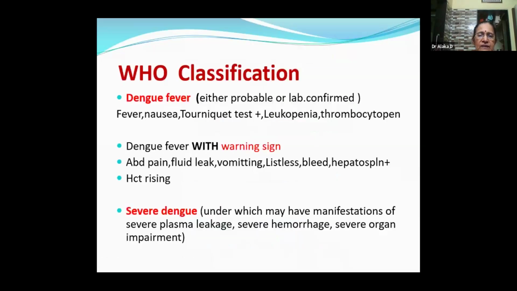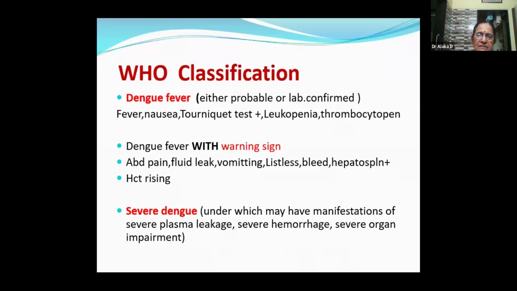The WHO classification of dengue: the dengue fever, either probable or laboratory confirmed, starts with fever, nausea, tourniquet test positive, but this usually is positive in severe cases. In mild cases, we don't get it. Leukopenia and thrombocytopenia.